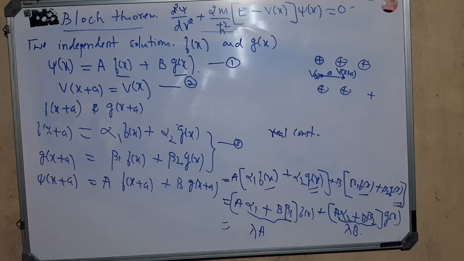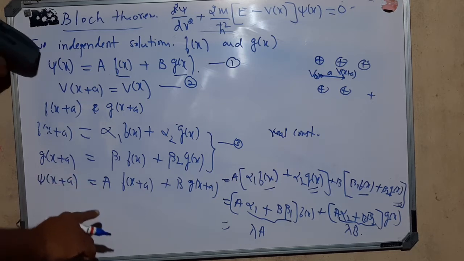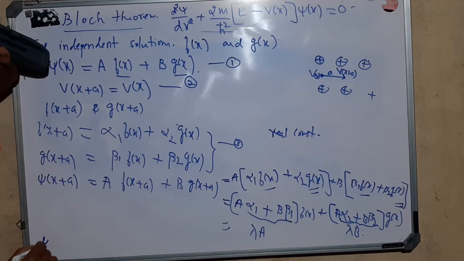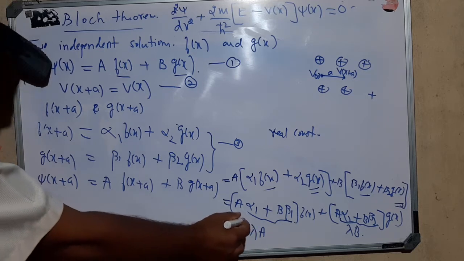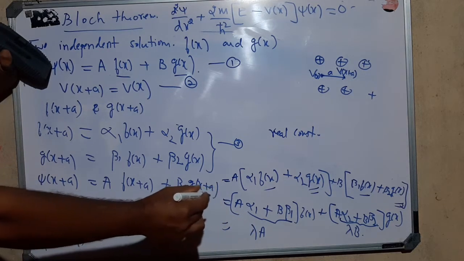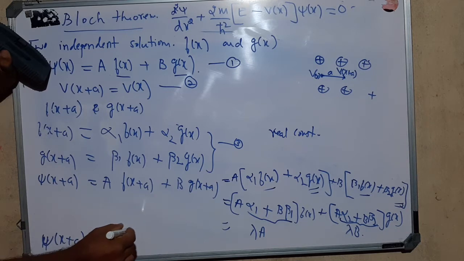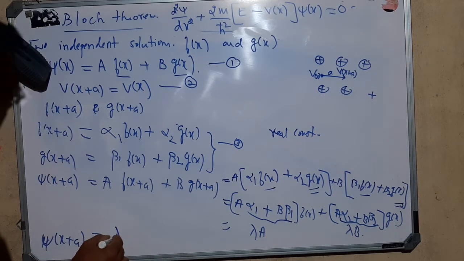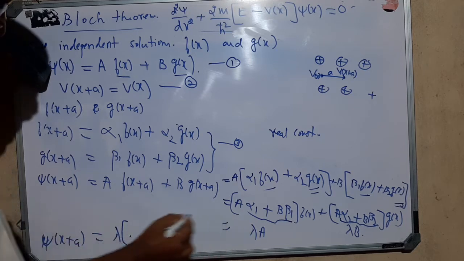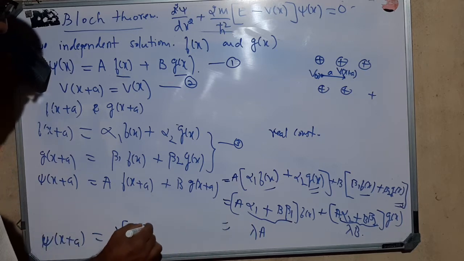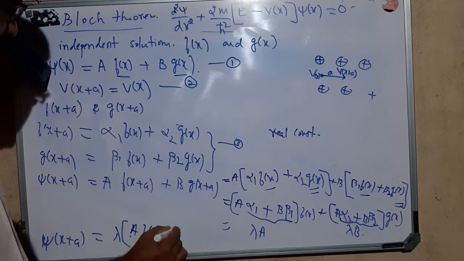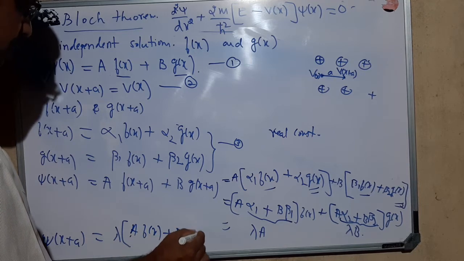So therefore what happens then? xi of x plus a is equal to lambda, which is common, so you can take it outside. Lambda into a into f of x plus b into g of x.